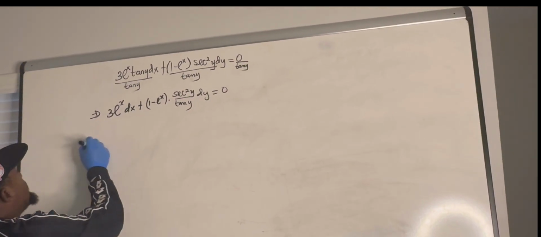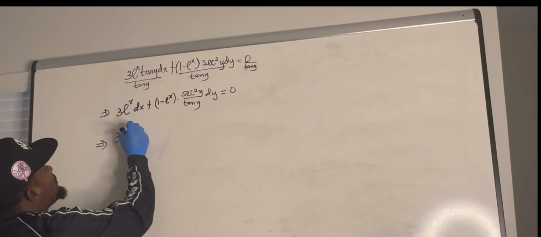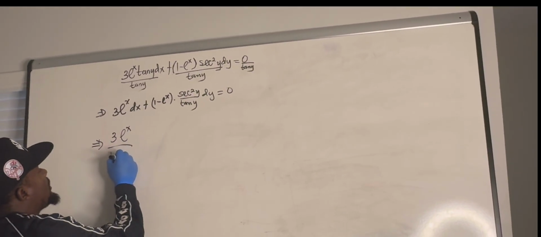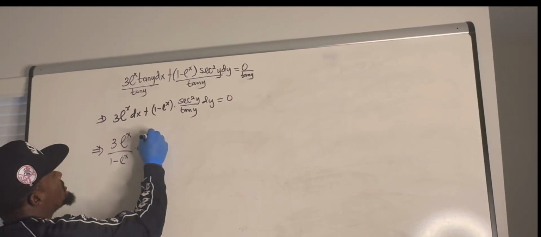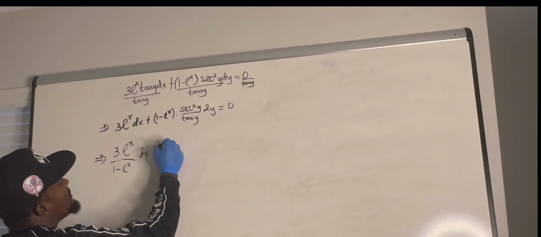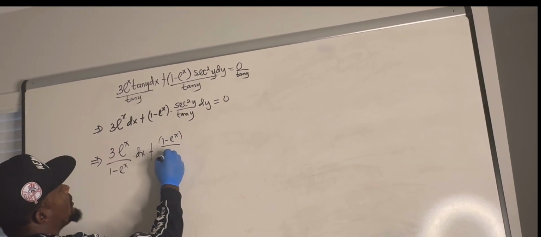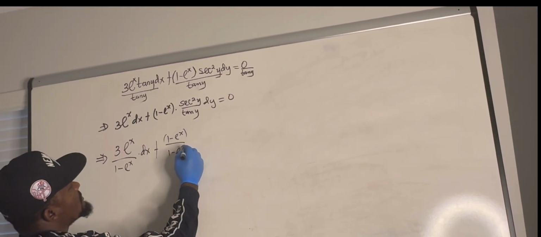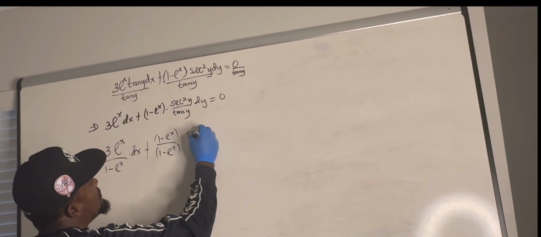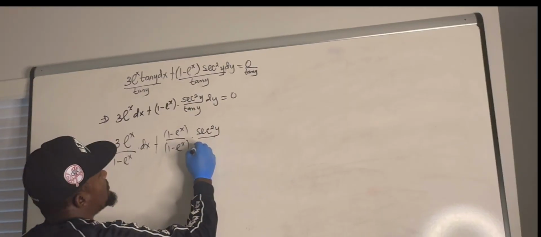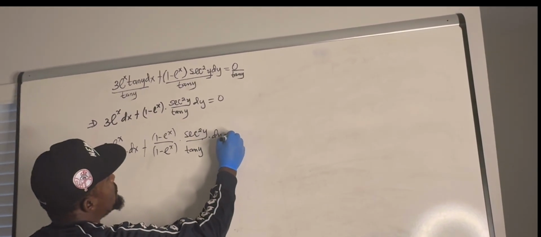Now let's do that. If we divide here by 1 minus e^x, we still have the 3e^x, plus we divide here by 1 minus e^x times sec squared y divided by tan y times dy equals 0.